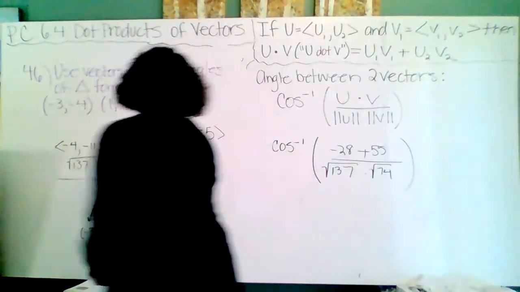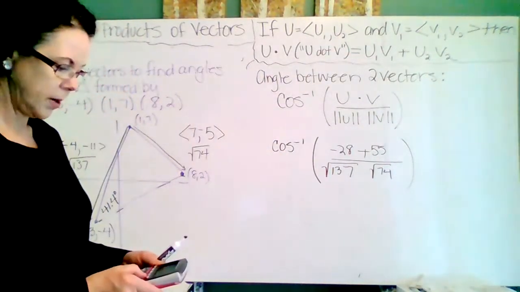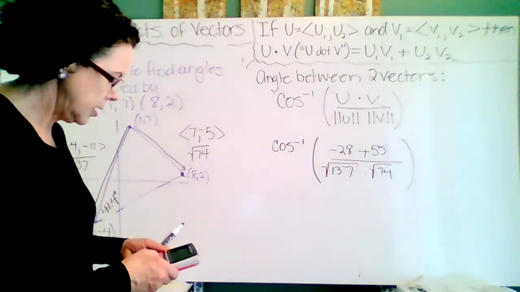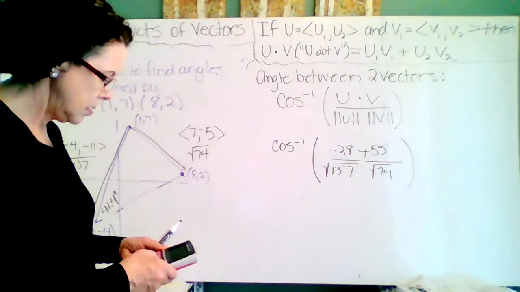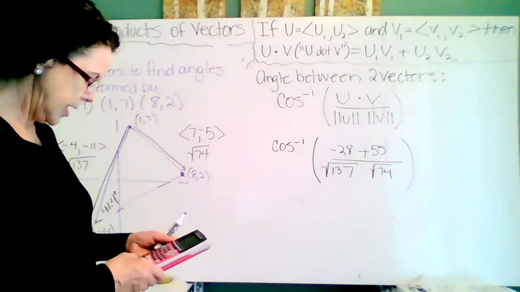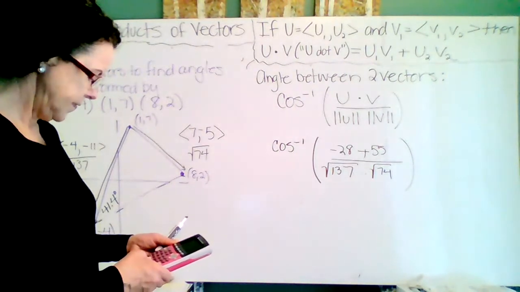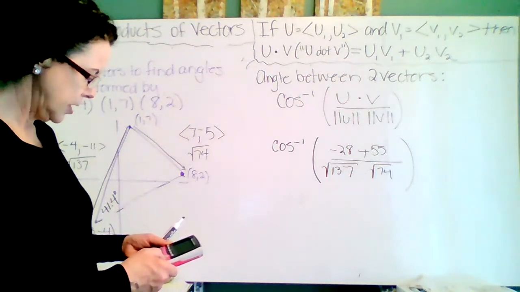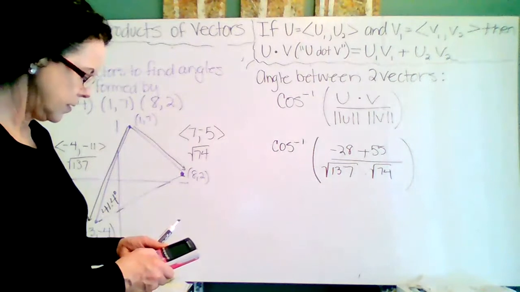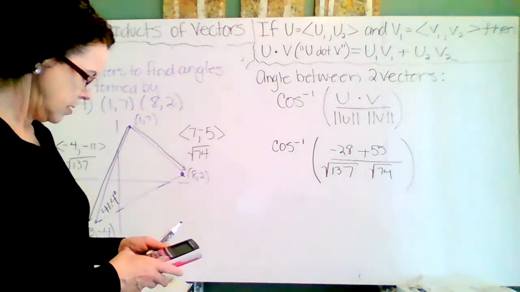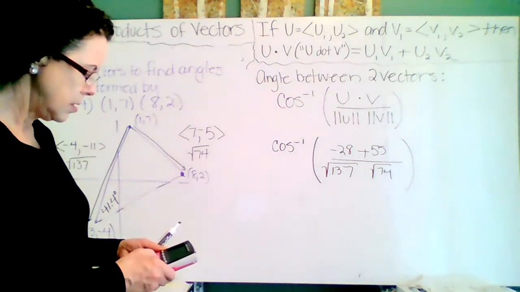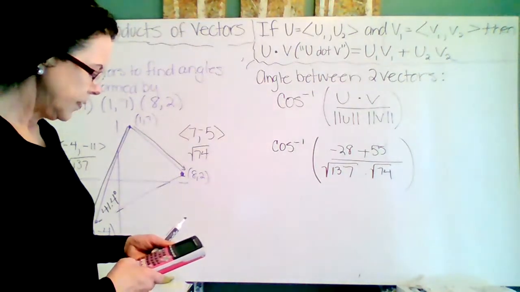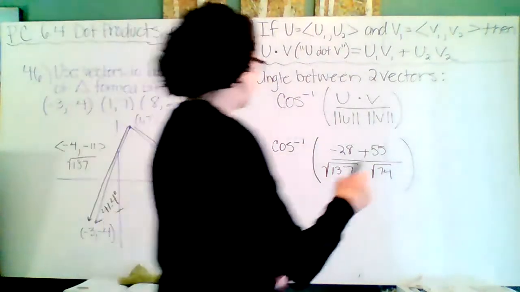Let's get that angle measured. -28 plus 55, over the square root of 137 times the square root of 74. Okay, that angle would be 74.4.